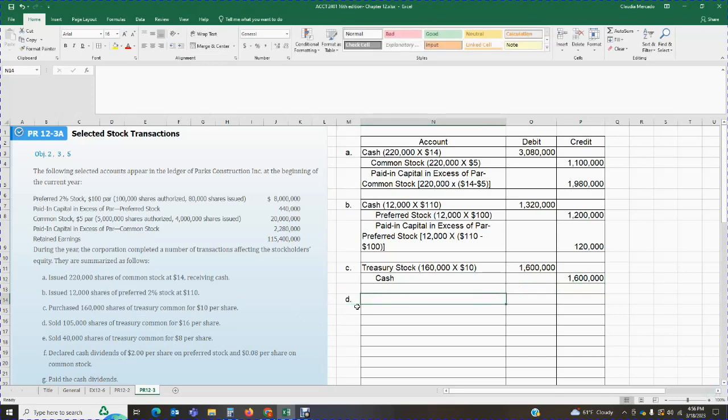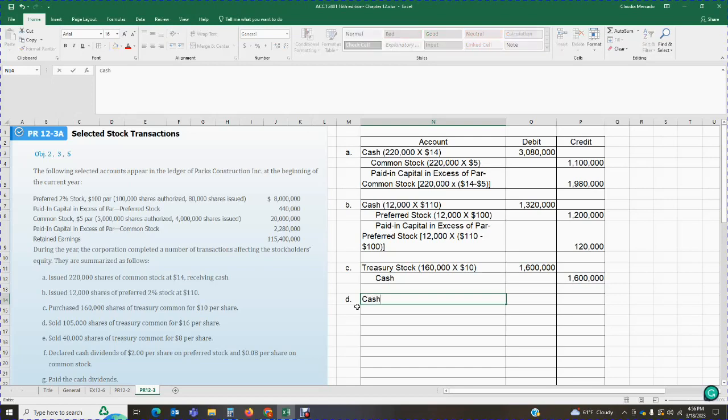Transaction D. We sold 105,000 shares of Treasury Common for $16 per share. Remember that in transaction C, we bought those Treasury Common for $10. Now we sold 105,000 of those shares for a higher price, for $16, so we're selling those Treasury Common at a premium. What did we receive?